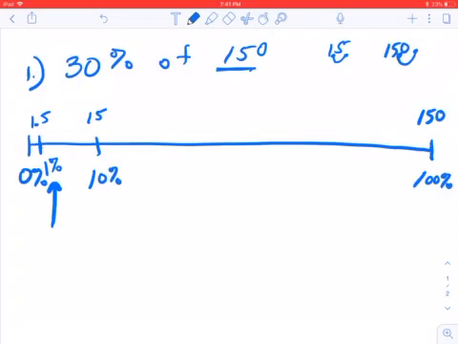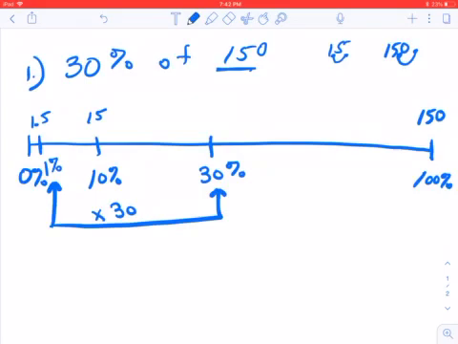So let's think about it for a minute. We are looking to find 30%. 1 times what gets you to 30? Well, obviously it's 1 times 30. So we're going to do the same thing here. We're going to take 1.5 times 30.